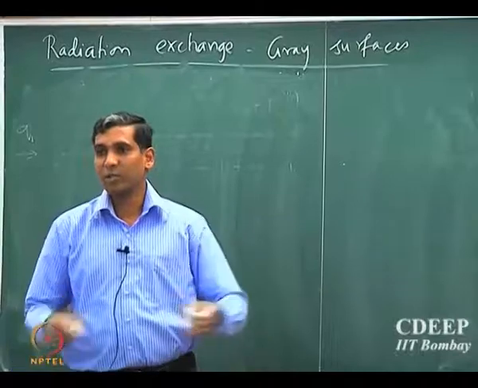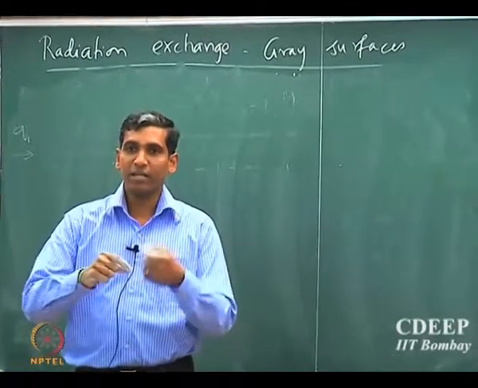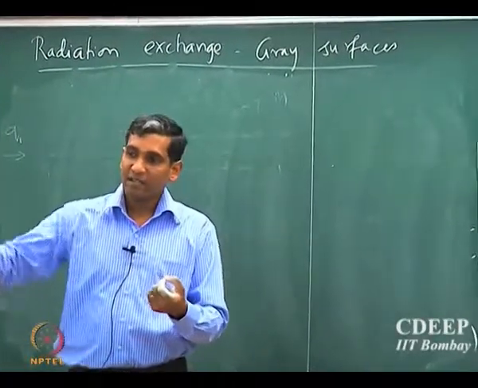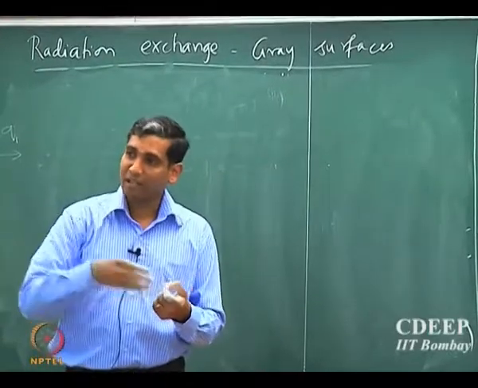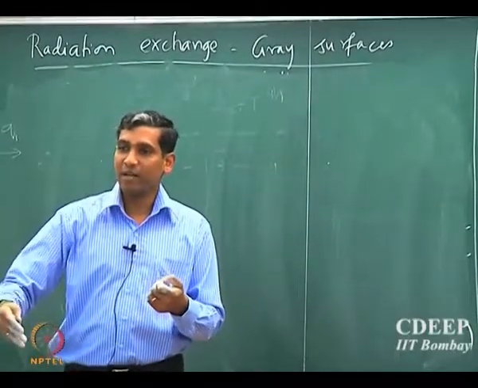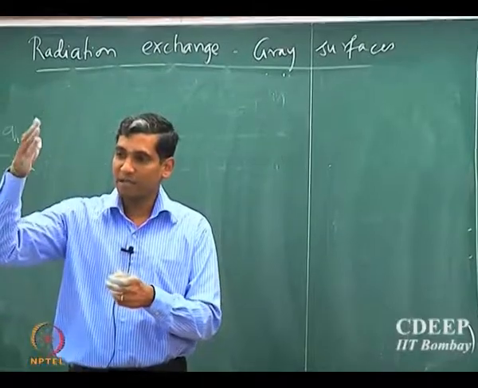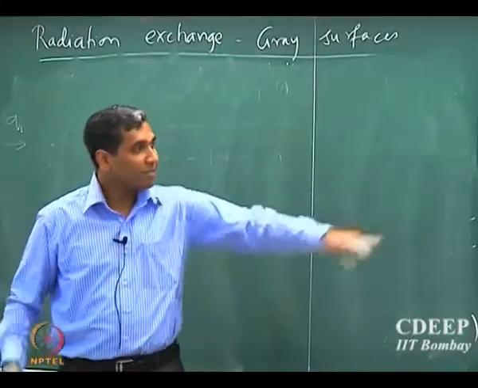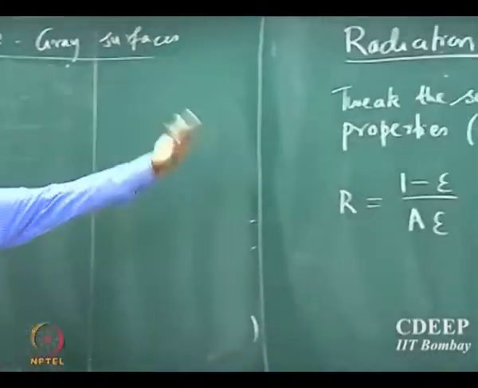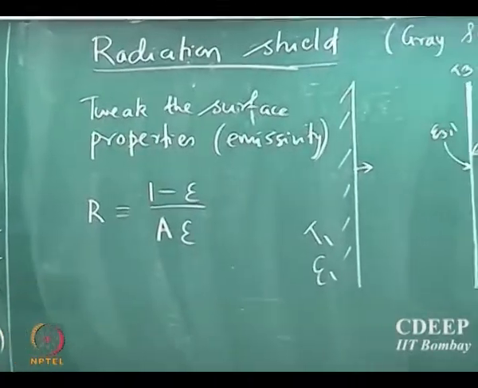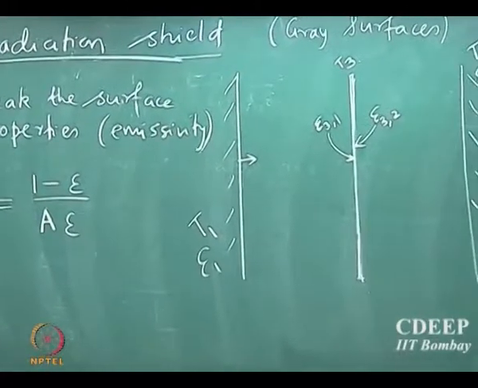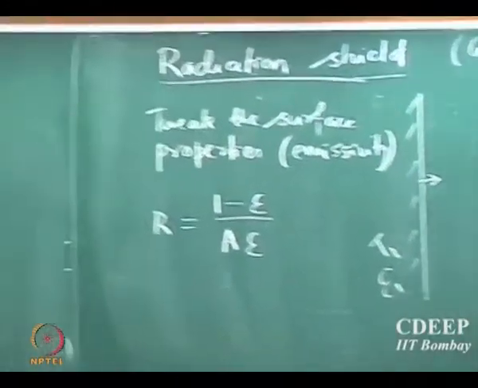There is one resistance for exchange between surface 1 and surface 3 which is facing it, and then there is the surface resistance of 31 and the surface resistance of 32, and the resistance between the other two surfaces. Okay. So, there are totally 6 resistances.